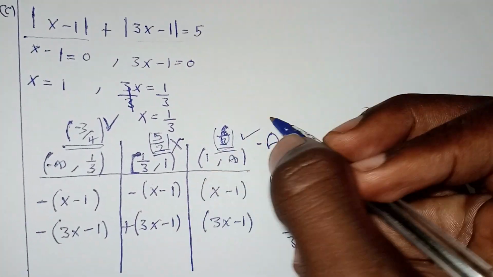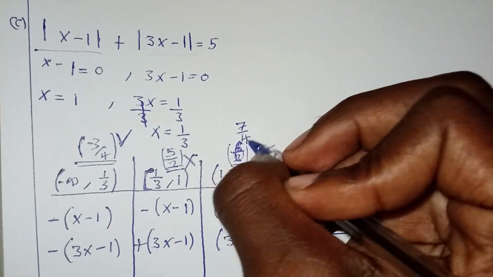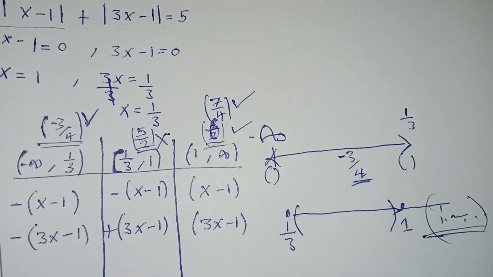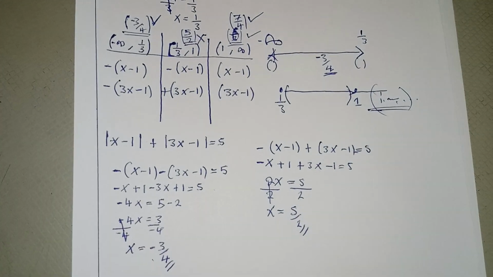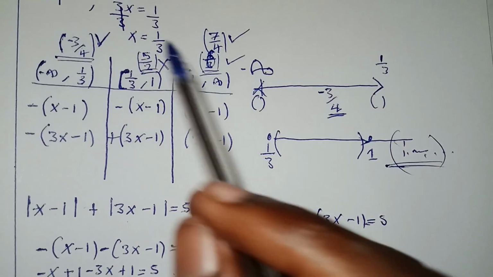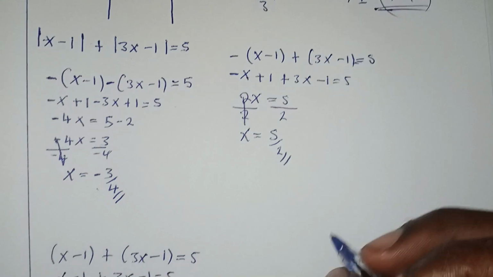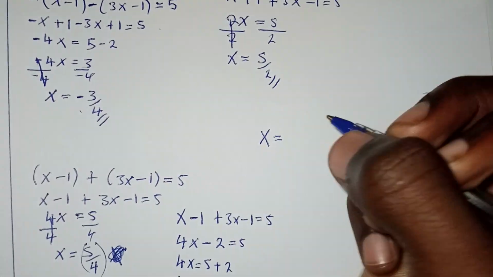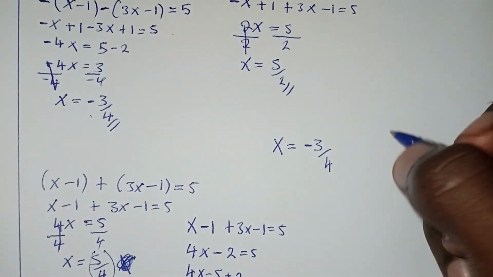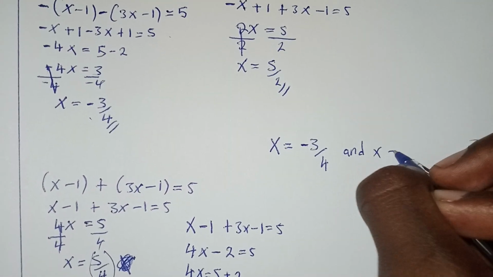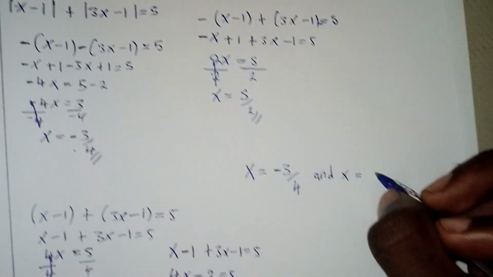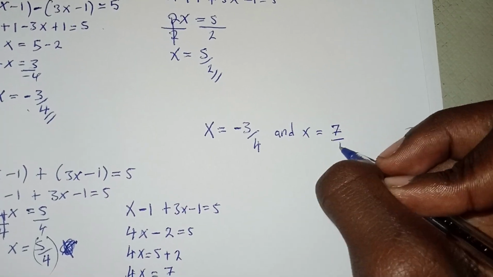So here we had 7 over 4. It will still hold. Therefore, what we're simply saying is the values of x that are holding are simply this one and this one. Therefore, for this question, the values of x are negative 3 over 4 and x is equal to 7 over 4.